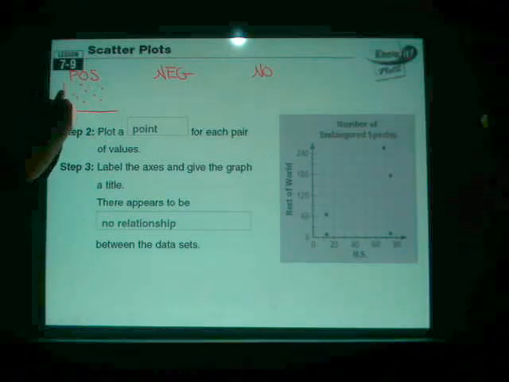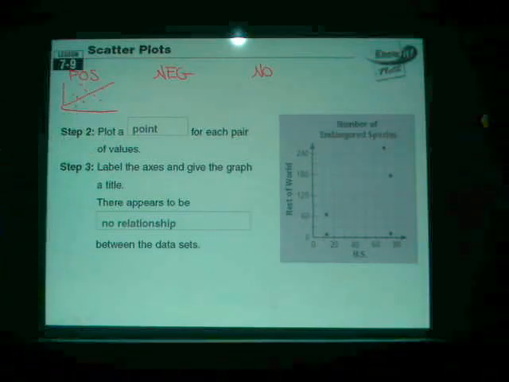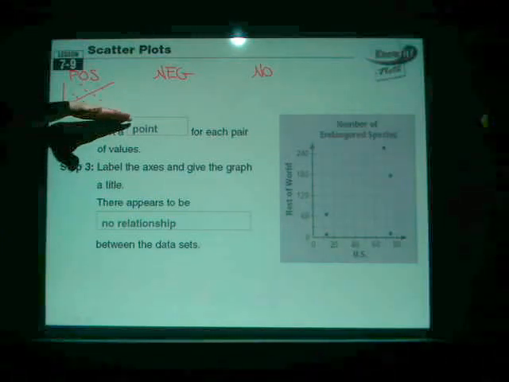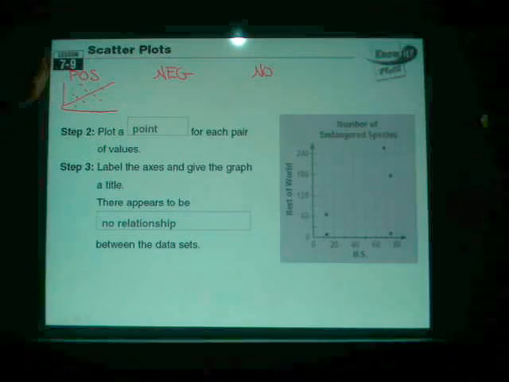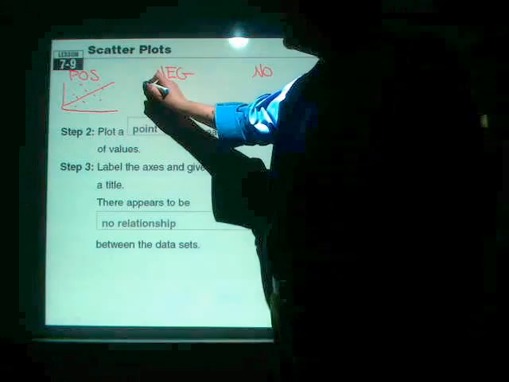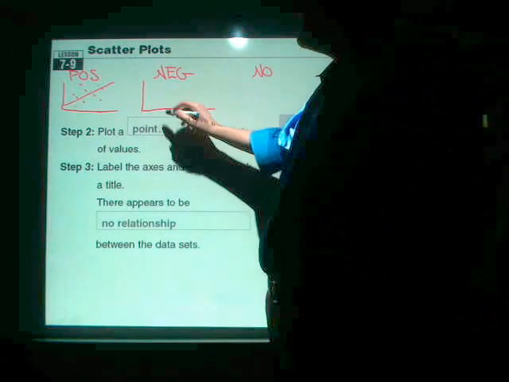In this scenario here, notice that when I draw the line, it tends to trend up, in that when the numbers get bigger on this axis, they also get bigger on this axis. That's what's called a positive correlation, or a positive relationship. One number gets bigger and so does the other. It doesn't have to be true for necessarily every single point, but it should be true for most of them. A negative correlation is quite the opposite.